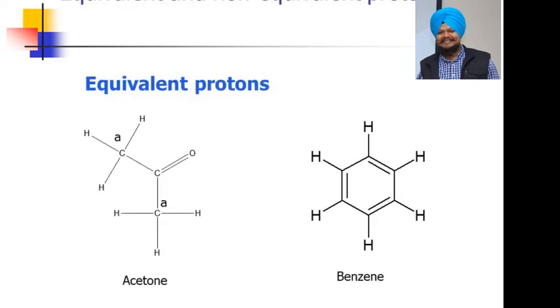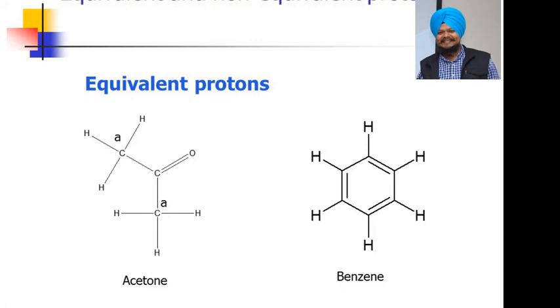So what are equivalent protons? This is an important parameter to have a basic outlook of NMR. Equivalent protons have the same environment. For example, in acetone, these two carbons have an equal environment, because they are separated by the other carbon which is bonded with the oxygen.